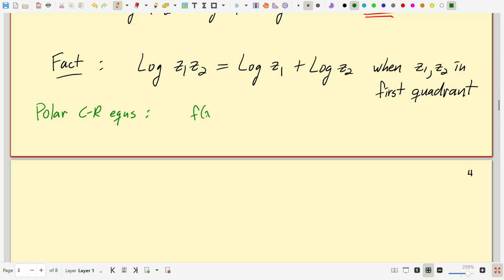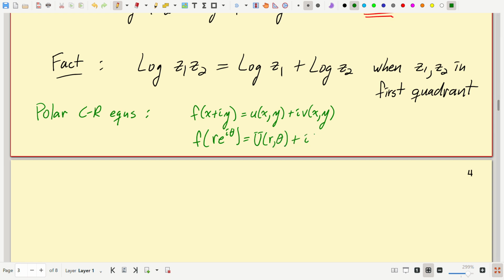The way we started out, writing it in terms of a little u(x,y) and a little v(x,y), and we got the regular old Cauchy-Riemann equations, the rectangular version. And now we're going to write it in a new way: f of r e to the i theta equals capital U of r theta plus i capital V of r theta.